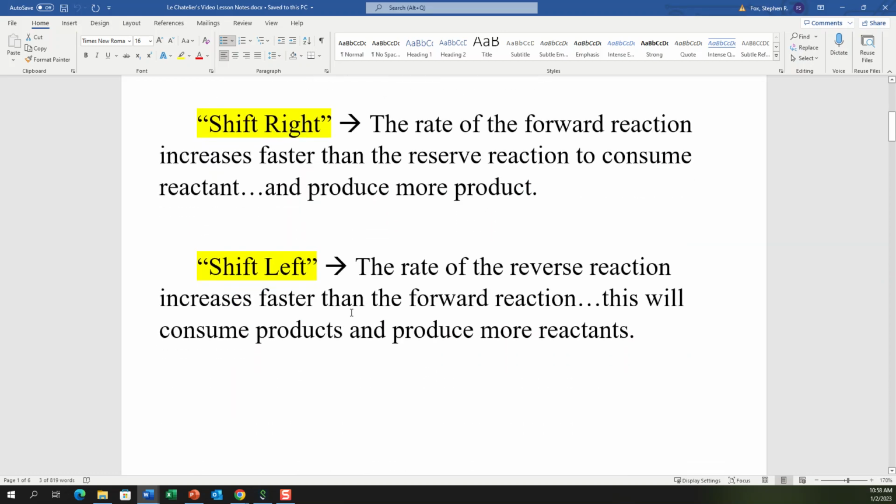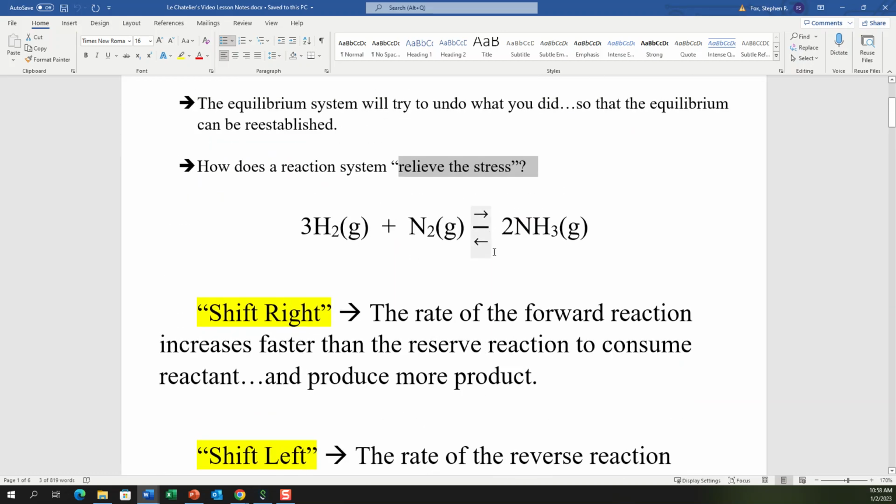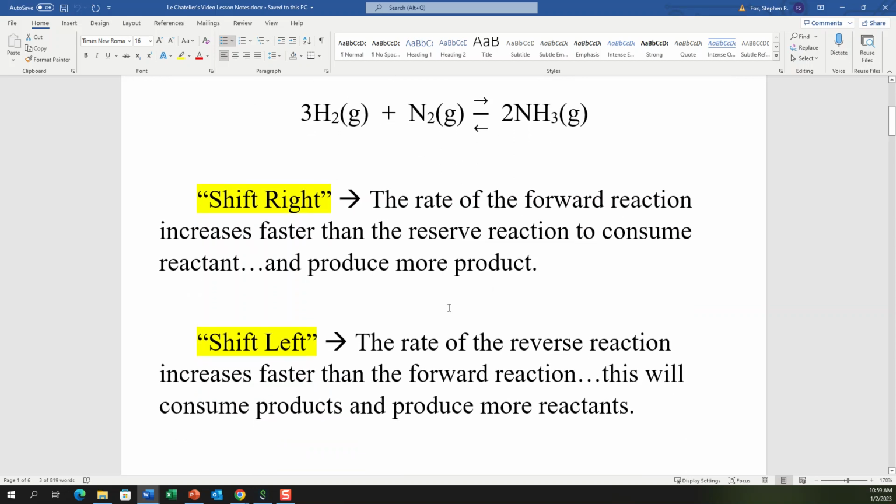A shift left means you're increasing the rate of the reverse reaction faster than the forward reaction. So if the stress you put onto the reaction causes a shift to the left, that means you're producing more reactant and you're decreasing the amount of product. So really that's the only way the system can adjust: shift right or shift left.